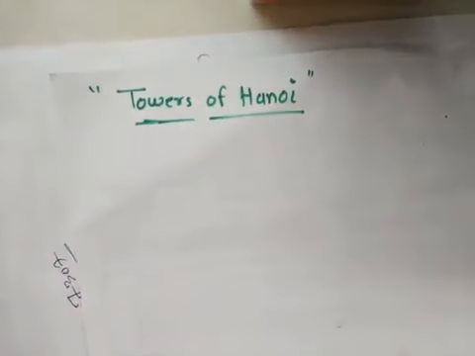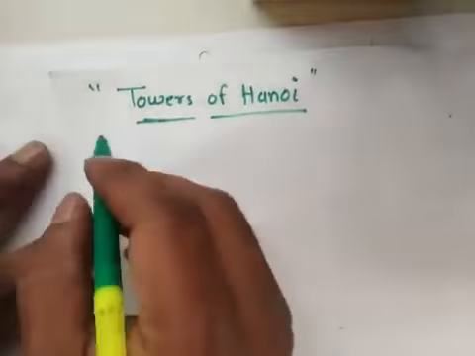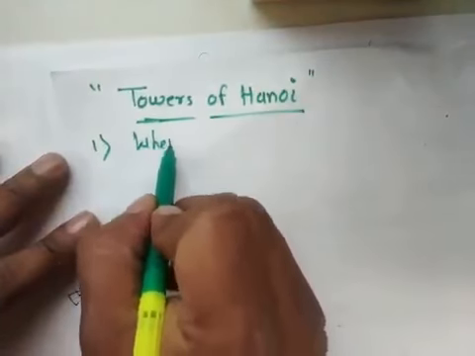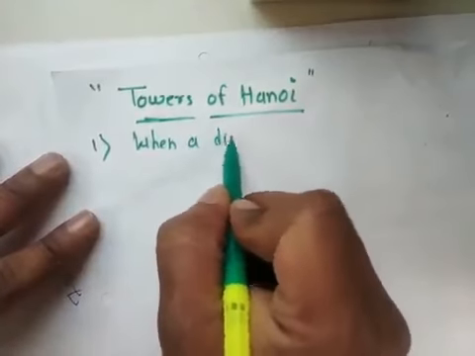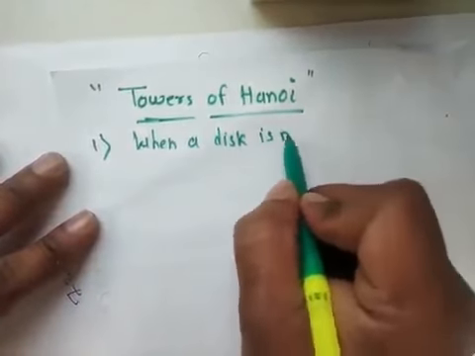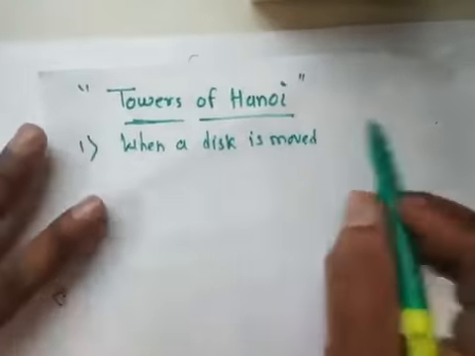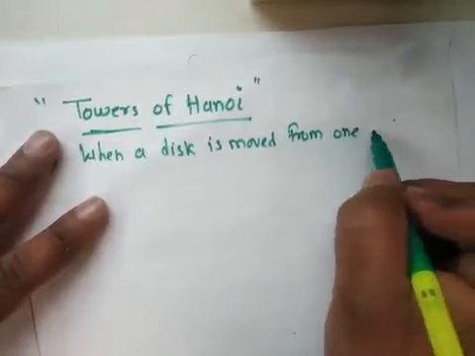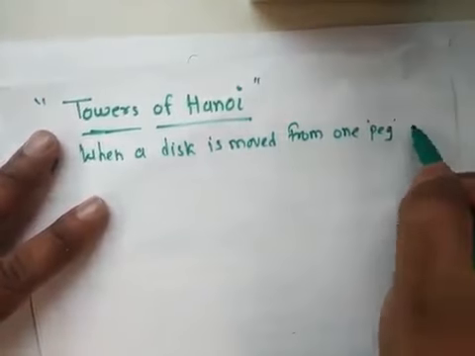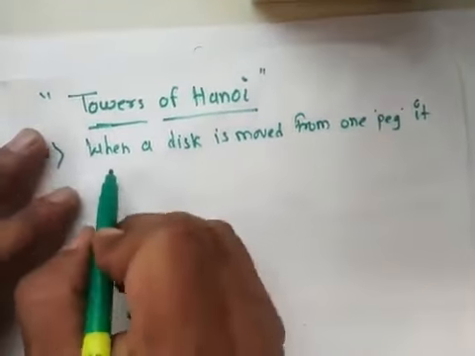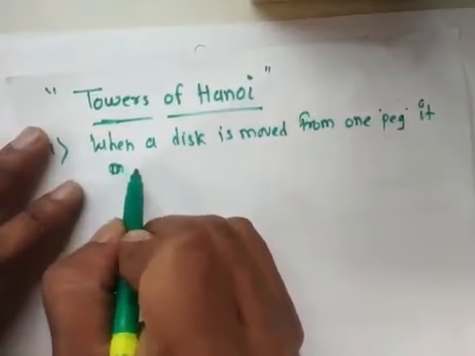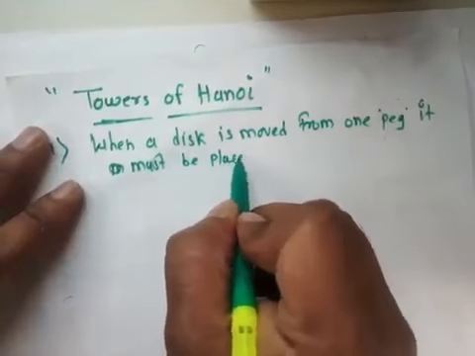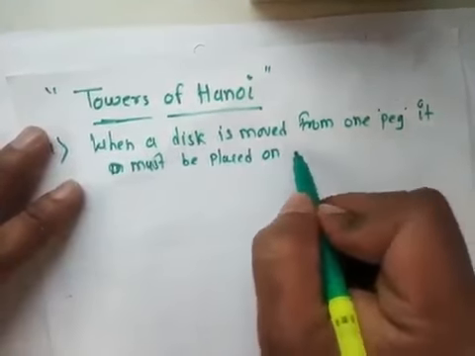What are those rules? The first rule is, when a disc is moved from one peg, it must be placed on another.